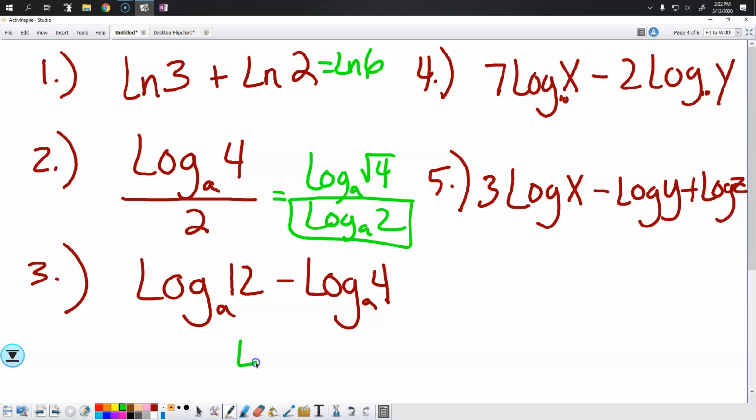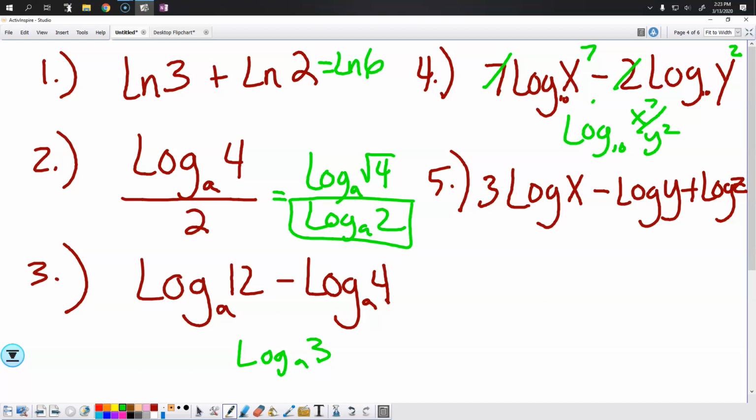As for this one, it's log base A of 3, 12 divided by 4. As for this one, you would put this here, you would put this here, and then because of rule 2, you would divide those. So there's your final answer for that one.